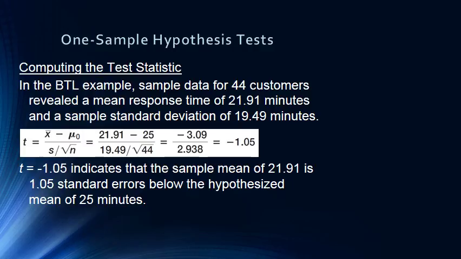That gives us a t-value of negative 1.05. That means that negative 1.05 for t indicates that the sample mean of 21.91 is 1.05 standard errors below the hypothesized mean of 25.